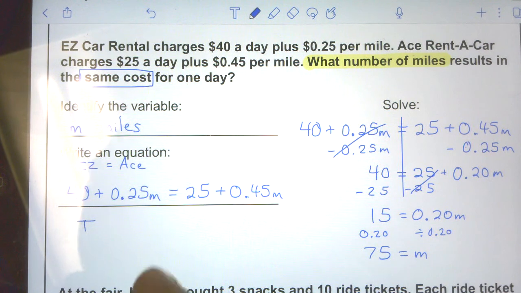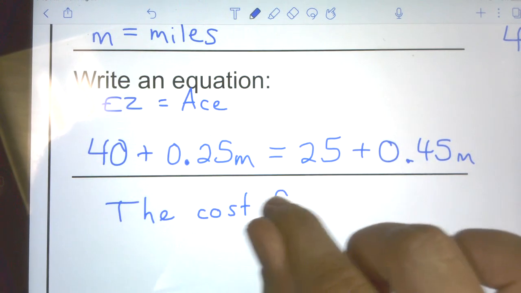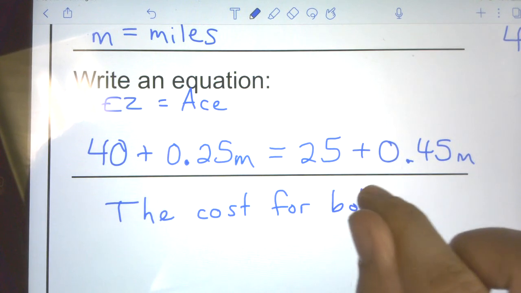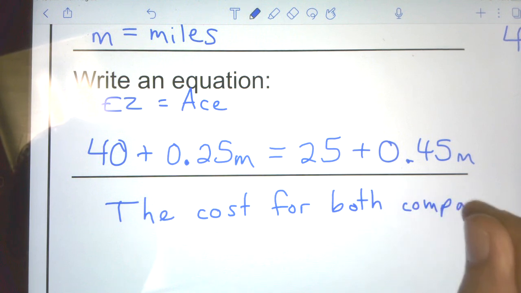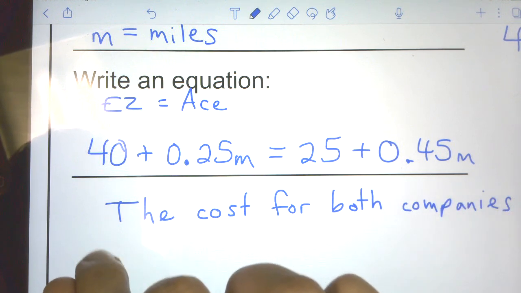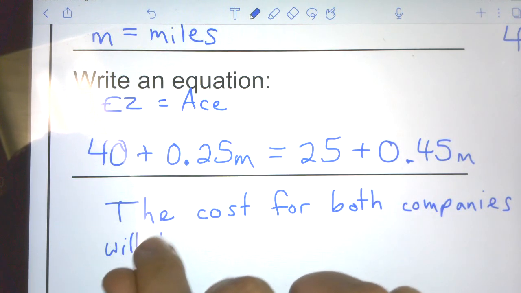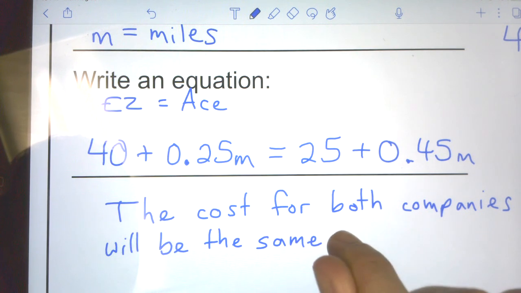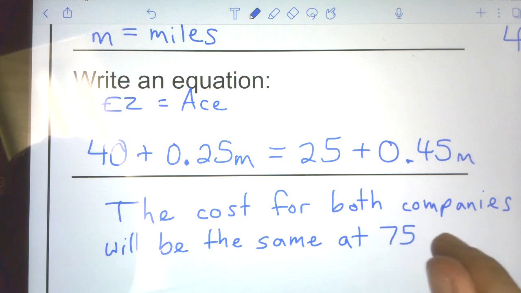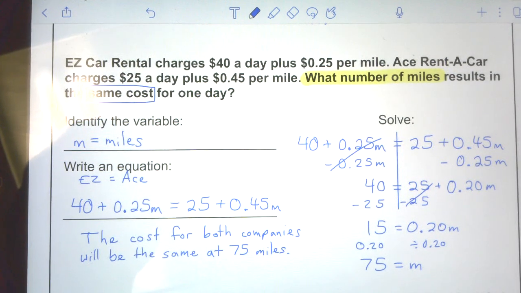So the cost for both companies will be the same at 75 miles. Okay. Just like that. 2 down.